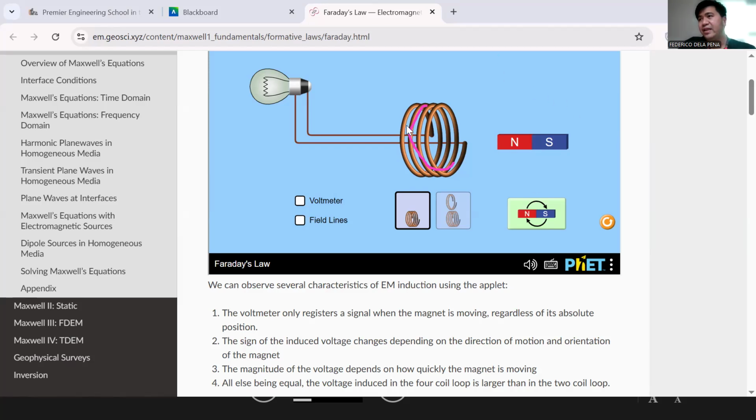So whatever you read from your instrument, of course, the response of the subsurface will depend on its electrical property. We're gonna delve on that later on.